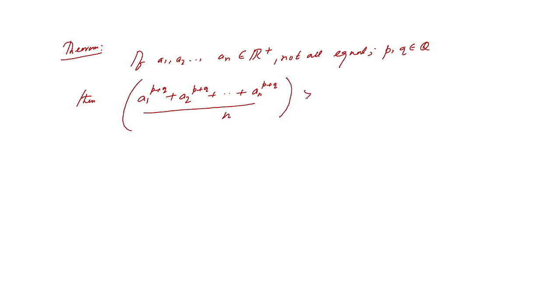This value is greater than or less than a1 to the power p plus a2 to the power p plus dot dot an to the power p, by n, multiplied by a1 to the power q plus a2 to the power q plus dot dot an to the power q, by n, according as p and q have the same sign.